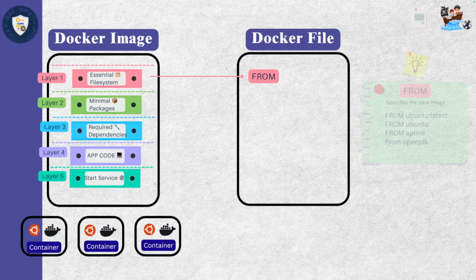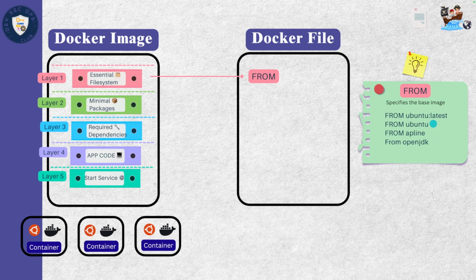Usually what happens with FROM, when you use it in a Dockerfile, is you define which operating system or which image you want to create your image from. So FROM basically specifies the base image.